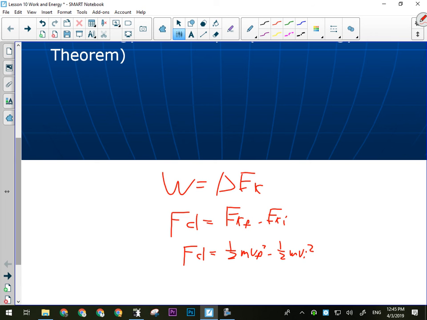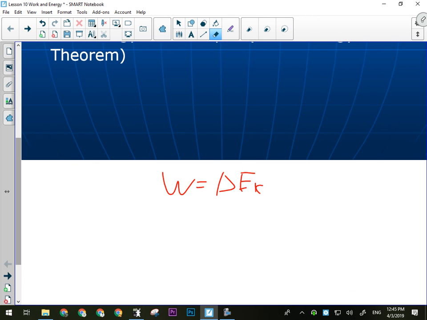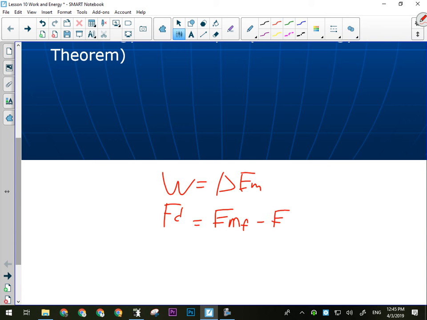In Physics 20, we look at this the way it happens most of the time, and that is that the mechanical energy, both kinds, change. So I do some work, which is still force times distance, but now I'm going to be changing the mechanical energy. So that'll be mechanical energy final minus mechanical energy initial.